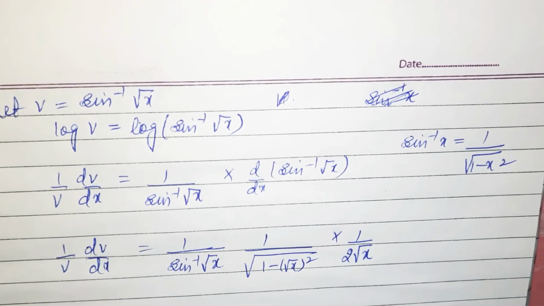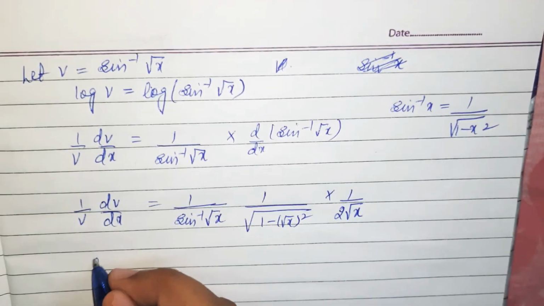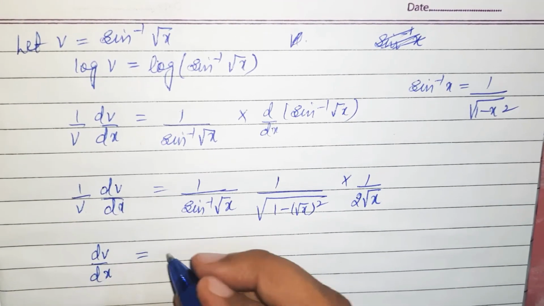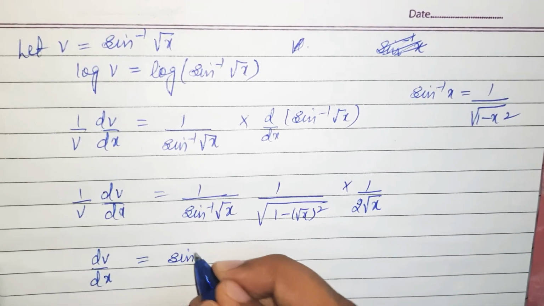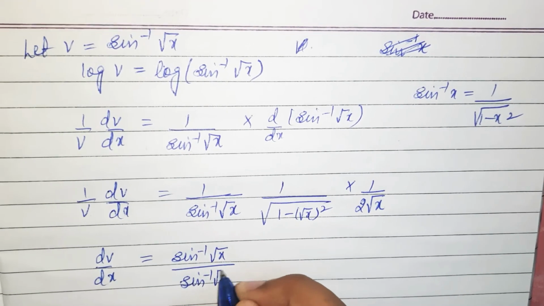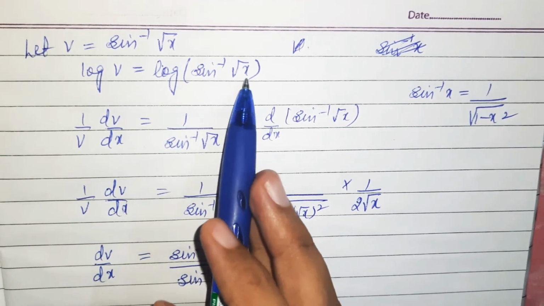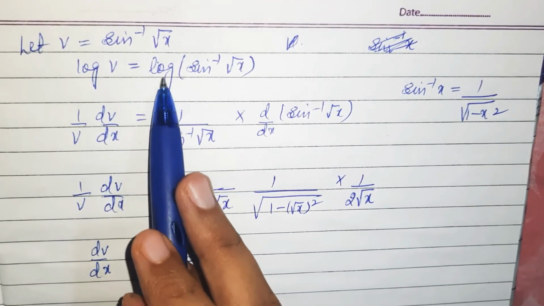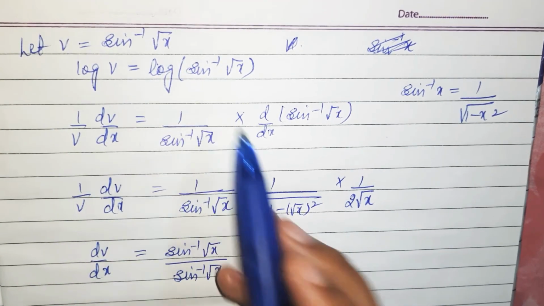Now if I talk about this dv by dx, what is the value of v? The value of v is sine inverse root x upon sine inverse root x. Here I have applied it directly because here I cannot apply the property of log. So that's why I have written log of this function.